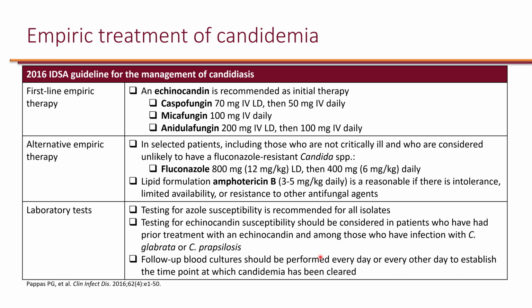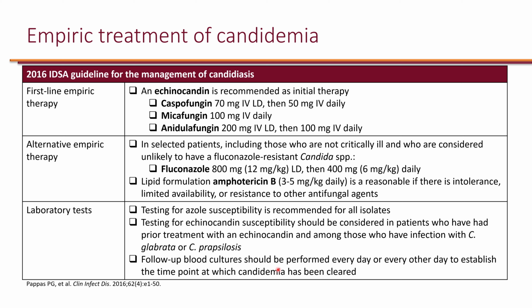And of course, we need follow-up blood cultures. They should be done every day or at least every other day, because that's how you know the first day of treatment. So if you are to treat the patient for 2 weeks, day 1 starts on the day that you get a follow-up culture that's negative.